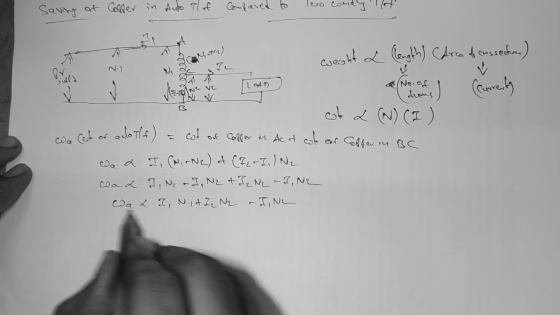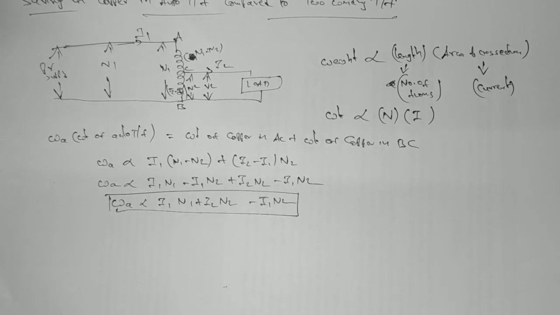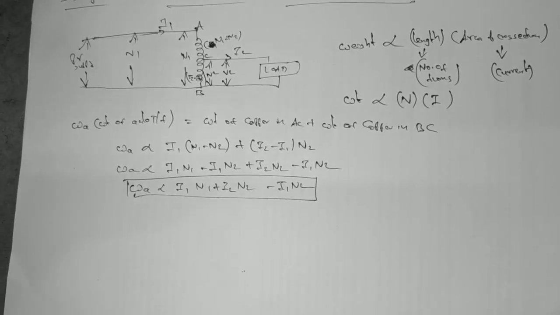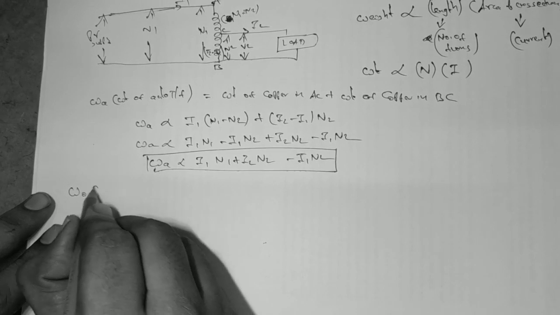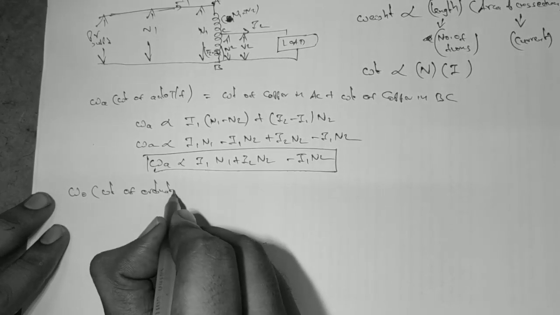Now consider the ordinary transformer. WO represents the weight of an ordinary transformer. For the ordinary transformer, the total weight will be the weight in the primary winding plus the weight in the secondary winding.